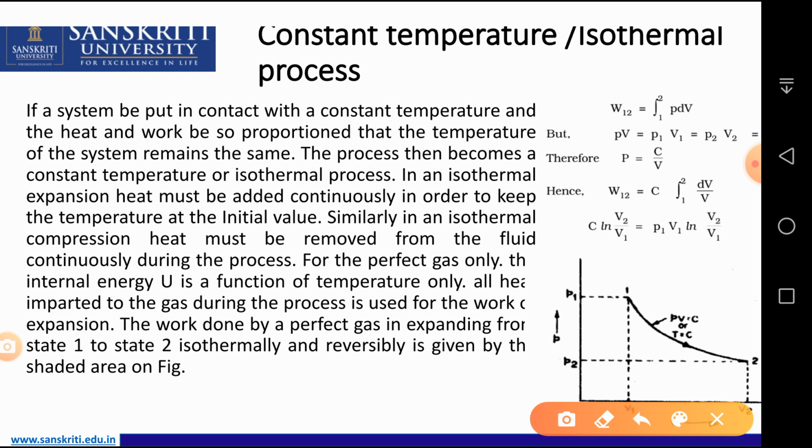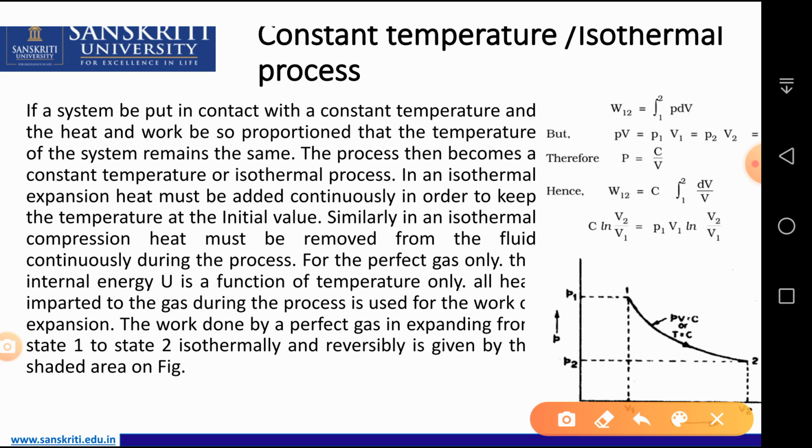In isothermal expansion, heat must be added continuously in order to keep the temperature at its initial value. Similarly, in isothermal compression, heat must be removed from the fluid continuously during the process. So for a perfect gas, the internal energy is a function of temperature only. So all heat imparted to the gas during the process is used for the work of expansion.